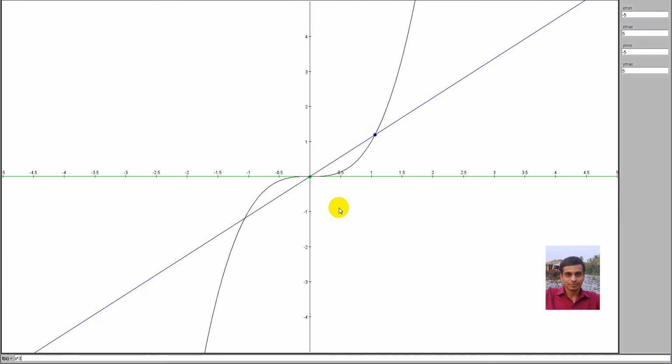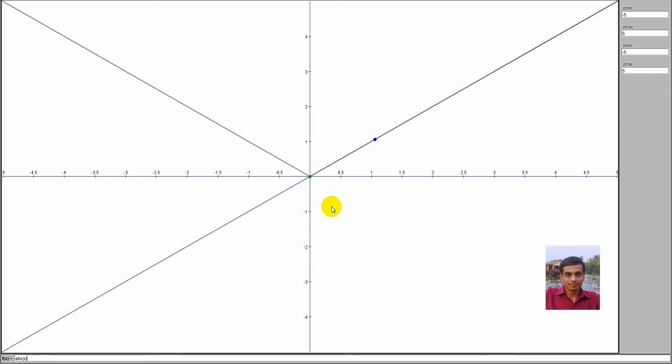Another student during another lecture asked about the function mod x. So I am plotting the graph of mod x. He raised the question of why the x-axis cannot be treated as a tangent line to the function mod x, or the absolute value of x. We know that mod x is not differentiable at x is equal to 0, at the origin.